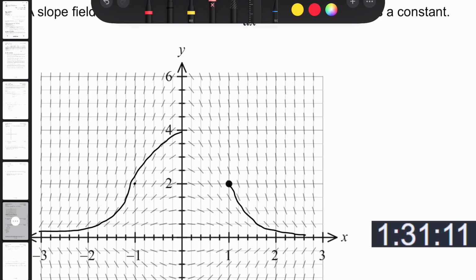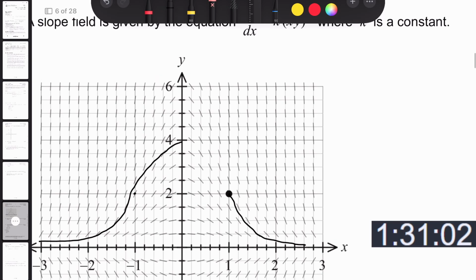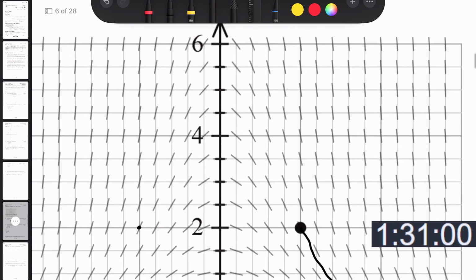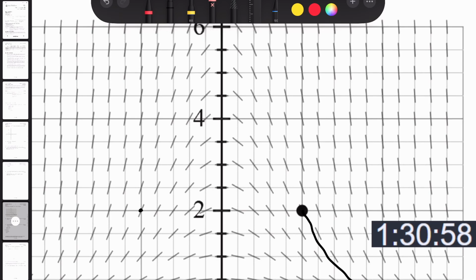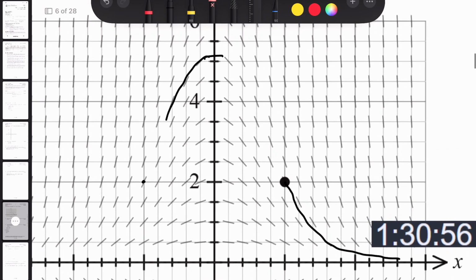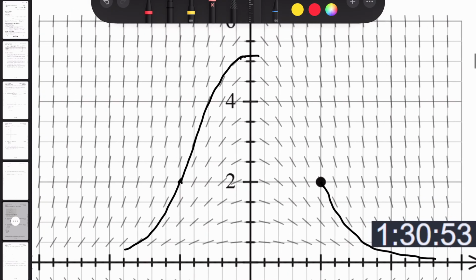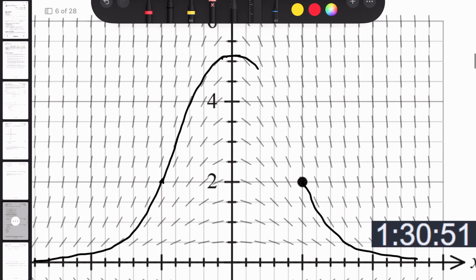See if I can zoom out. Zoom out a bit more. Looks like a little bit past 5, so maybe about here, and it is pretty symmetric. So like that.